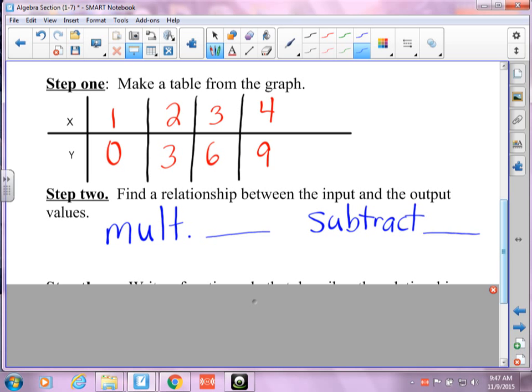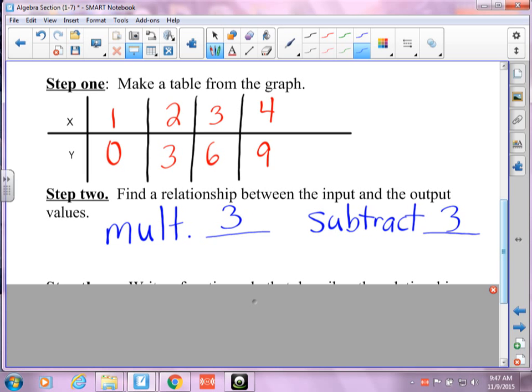What do you think it's going to be? Okay, so 1 times 2 is 2, subtract 3, not quite. Yes, ma'am. Times 3 and subtract 3.